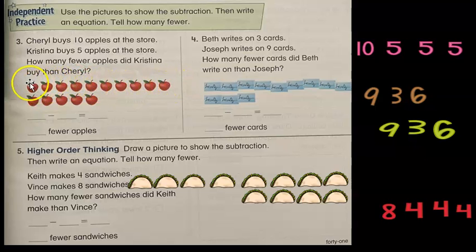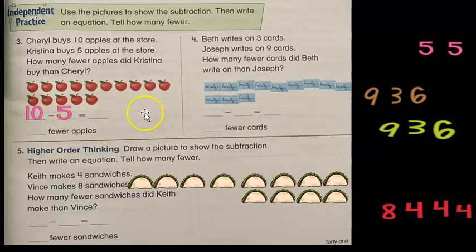How many? 10. So Mr. Brigade is going to grab 10. I'm going to put it up front because we know the biggest number has got to go up front. Okay, 10. 10 minus what number goes here? How many are in that second row? 5. So we're going to grab 5 and we're going to put that there.